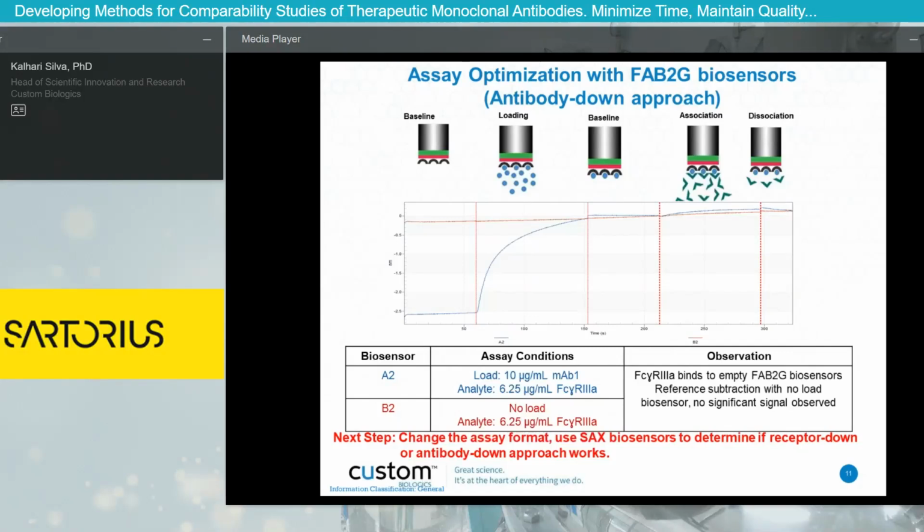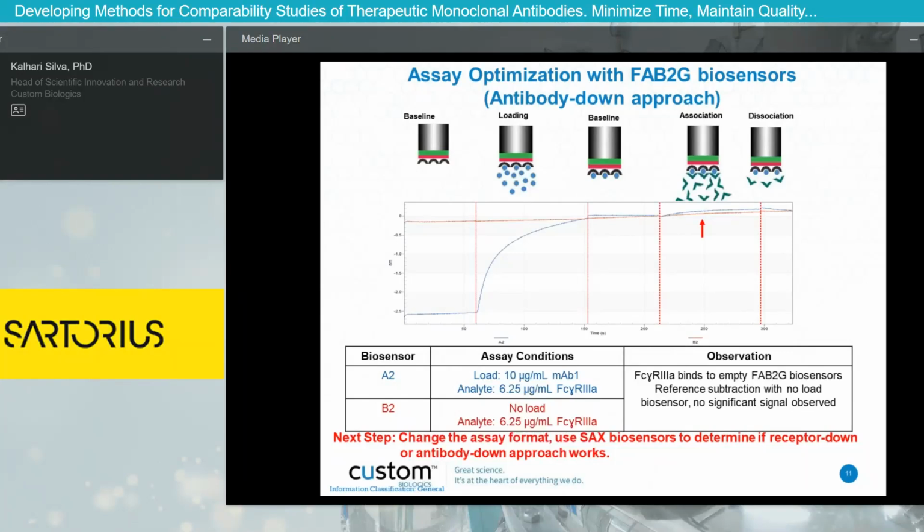So we load the mAb at 5 micrograms per ml, 10 micrograms per ml, and then dip it in and allow association into Fc gamma R3A at 6.25 micrograms per ml. But you see here, as depicted by the red arrow, that there's really no clear differentiation between a load versus a no load, suggesting that it's not worth pursuing.